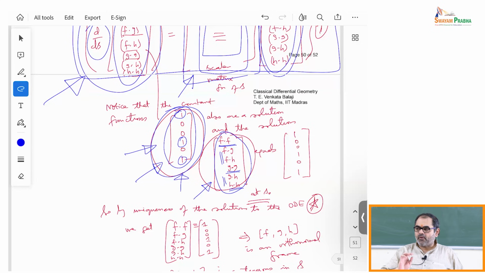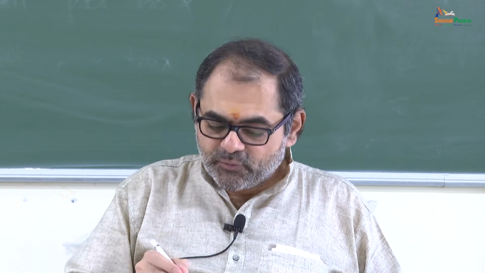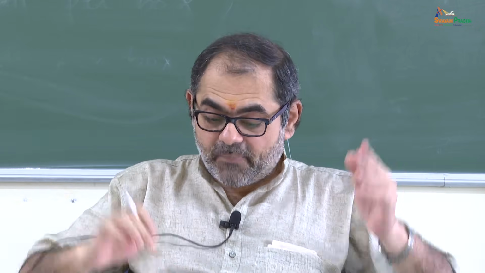I just want to point out that in order to use the theory of uniqueness of solutions of differential equations, you need that there is some matrix here which consists of scalar functions. But really the form of the matrix is not important.